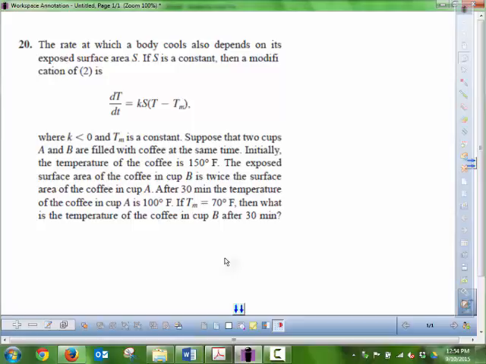So Newton's law of cooling says that the way the temperature increases to whatever the environment's temperature is is called a logistic equation. It has some exponential properties, but it also has an asymptote.